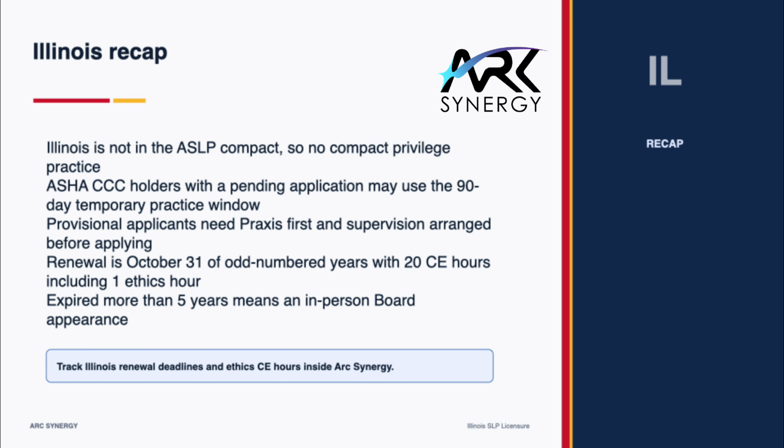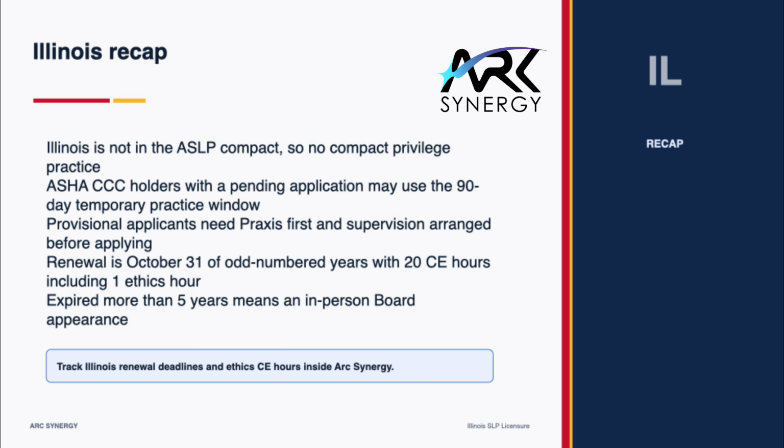So here's a quick recap of Illinois, from the full license to the provisional license to the renewal license that we covered over these 3 weeks. Illinois is not part of the ASLP compact, so it doesn't have any compact privilege. If you are a C holder, so if you have your ASHA Cs, you might be able to use the 90-day temporary practice window while you're waiting for your application to be approved.